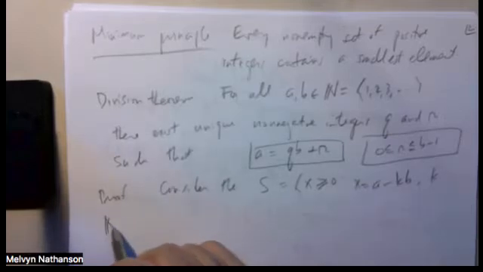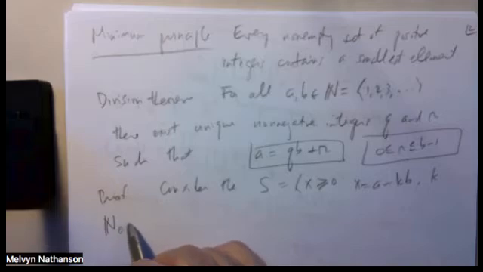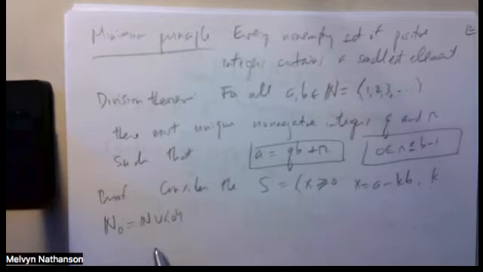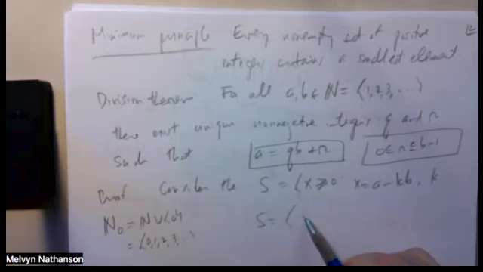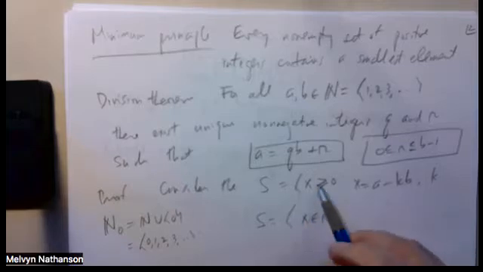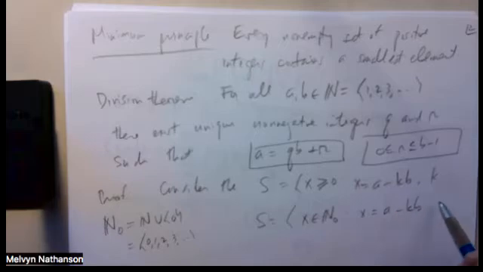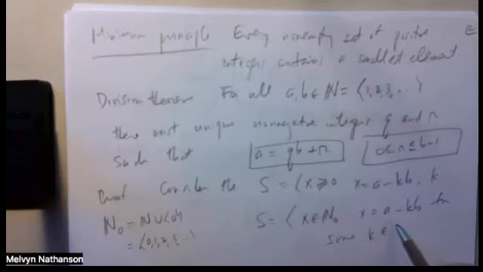So maybe I'll write N naught to be N union 0. This means the set of non-negative integers. N is the set of positive integers, so this also throws in 0, 1, 2, 3, and so forth. So S is the set of all x, which is a non-negative integer, such that x can be written in the form a minus kb for some non-negative integer k.